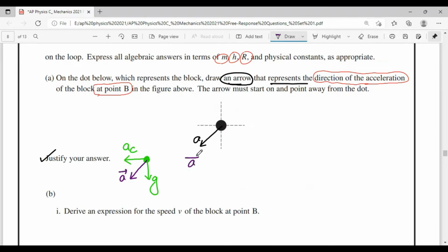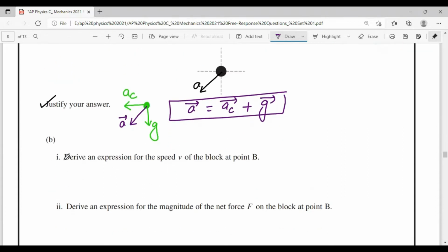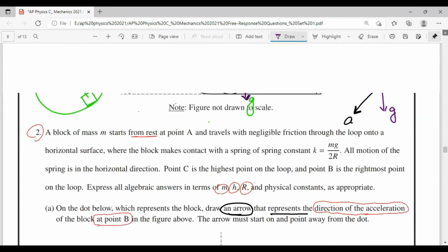So we can write a is equal to ac plus g. You can write this. So let us see the next part, that is part B. Derive an expression for the speed V of the block at point B. So what will be the speed of the block at point B?